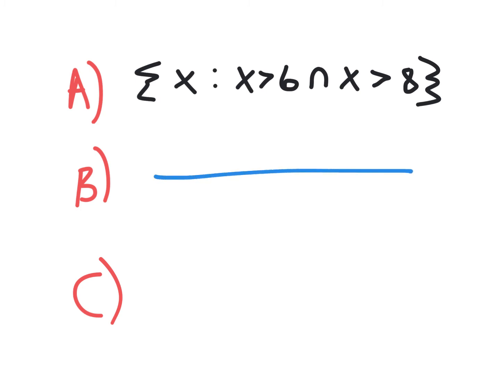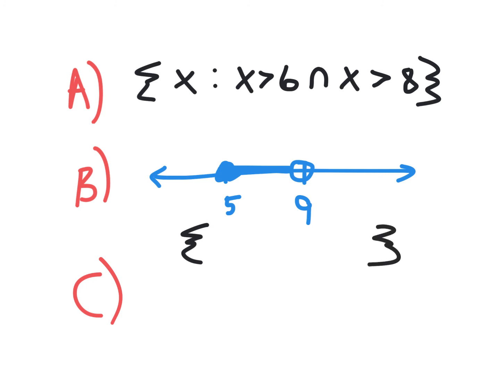I'm going to give you a number line. It's got a filled-in circle at 5 and an empty circle at 9. Can you write me the set for that? Notice it didn't have any y-axis, just x.